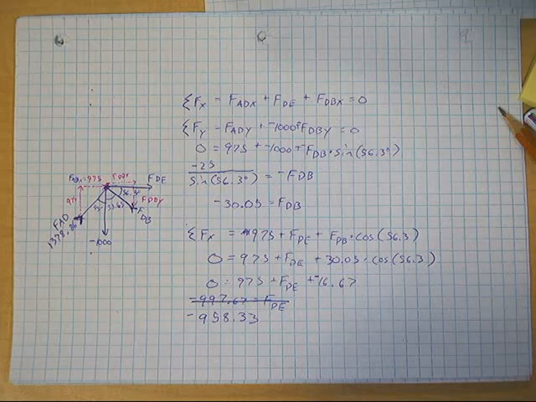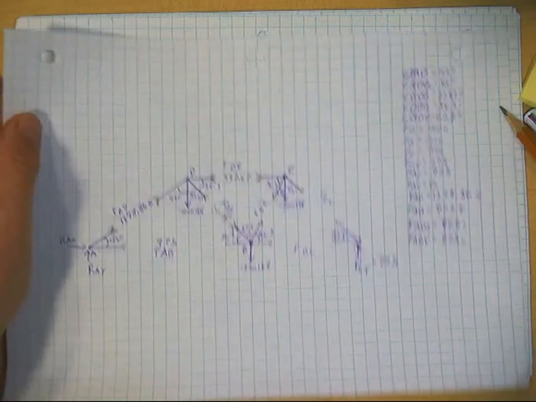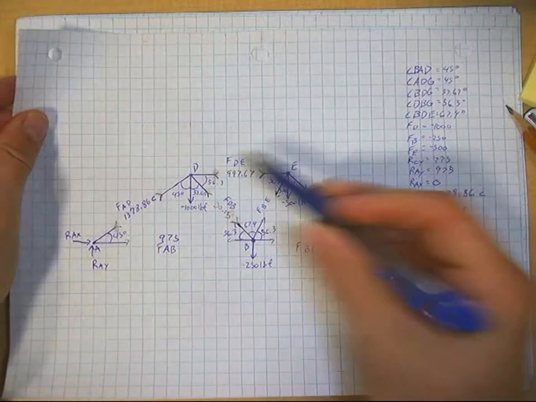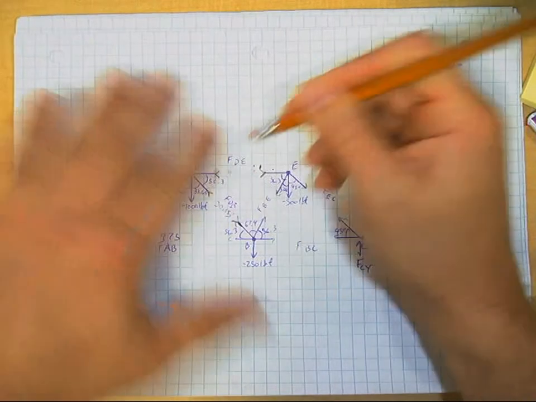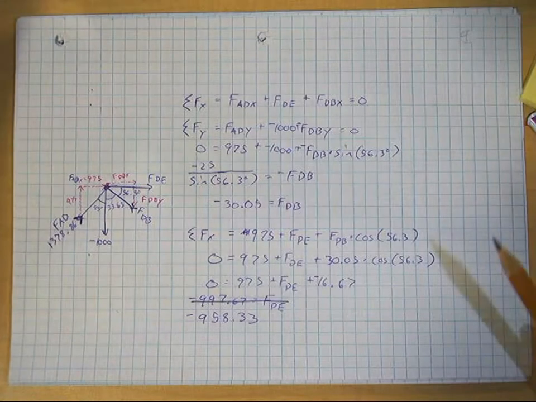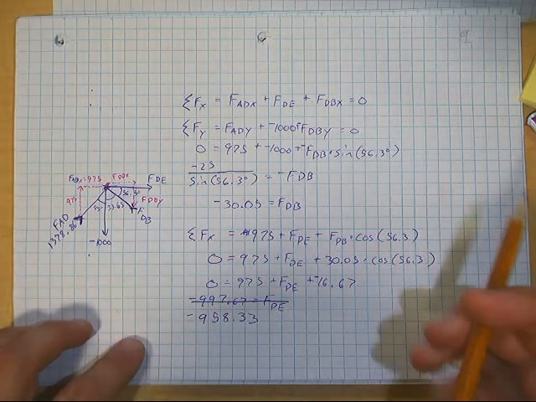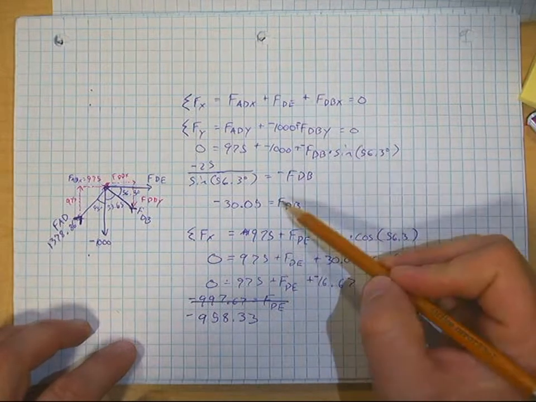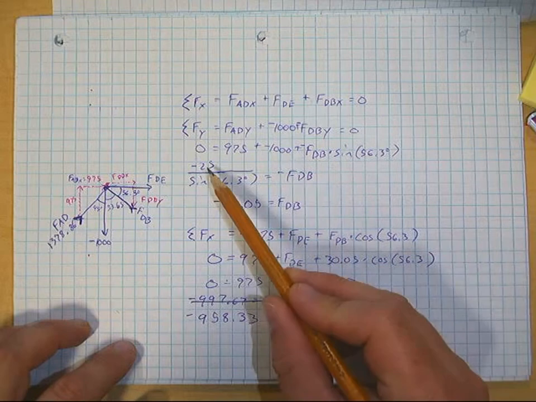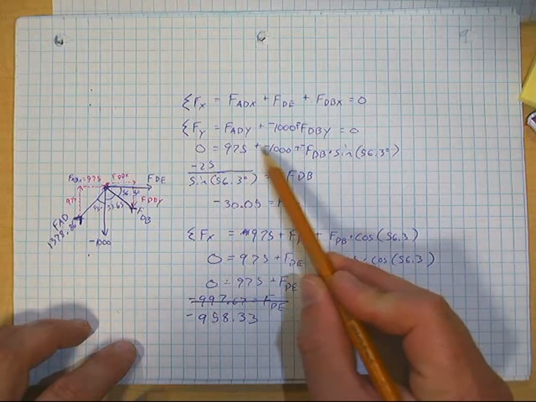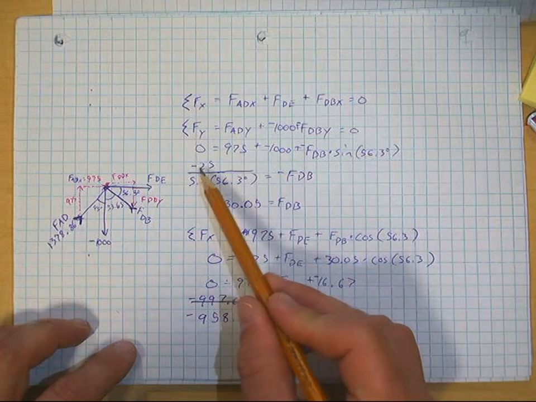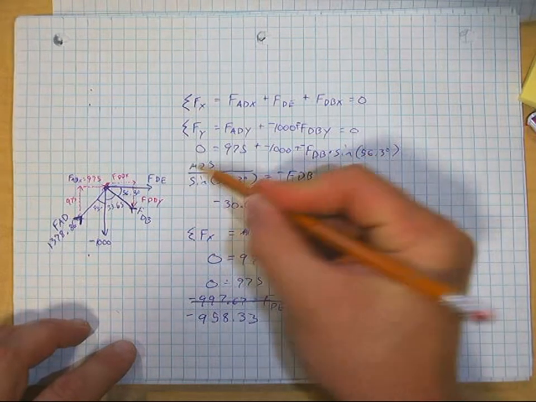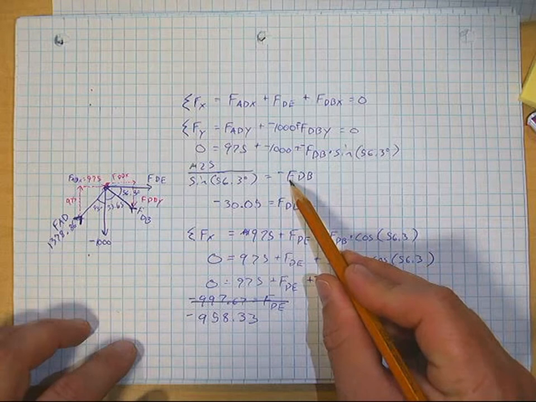We're working on point D here. Remember that we went on to point D, and we actually made a mistake. By we, I mean me. As I was doing the calculations for D, this negative 25 here should have been positive when I brought it over to the other side, resulting in a negative value for FDB.